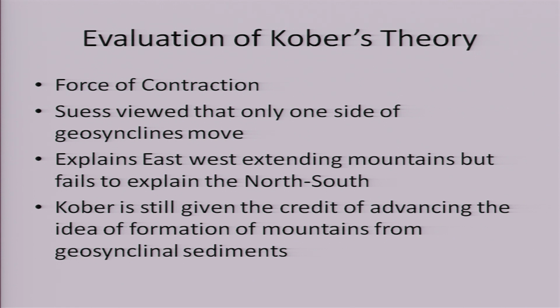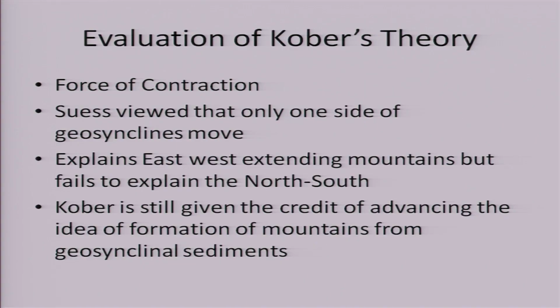But still, in spite of all these flaws, Kober's theory is considered very important, because he gave the concept of geosynclines in the formation of mountains, and the concept was carried forward by other theories that came later and validated the origin of mountains from geosynclines.